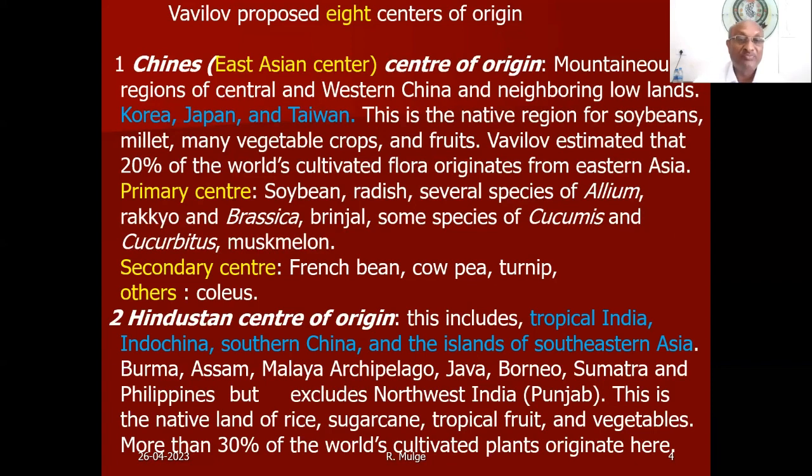This is the native land of rice, sugarcane, tropical fruit and vegetables. More than 30% of the world's cultivated plants originated here. So 20% for the Chinese center, 30% for the Hindustan center of origin. Almost 50% is covered here.